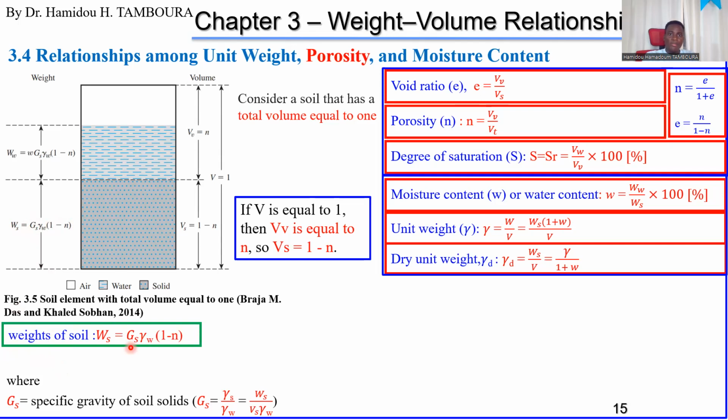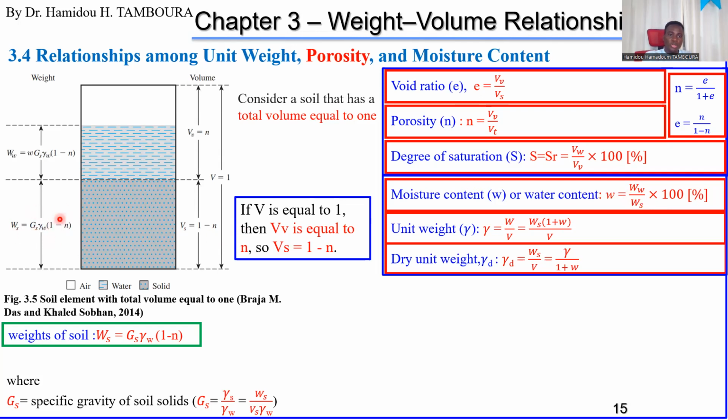Then what we do next is we try to obtain the weight of our water. We can just come here using this formula: weight of water is water content multiplied by weight of solid. Okay, so we have the weight of solid here.